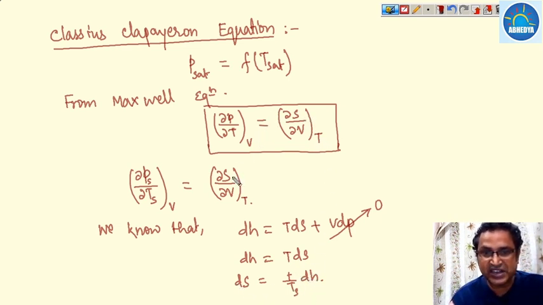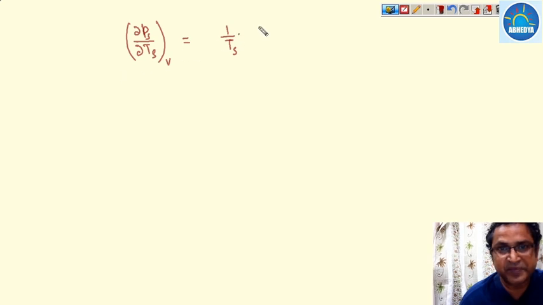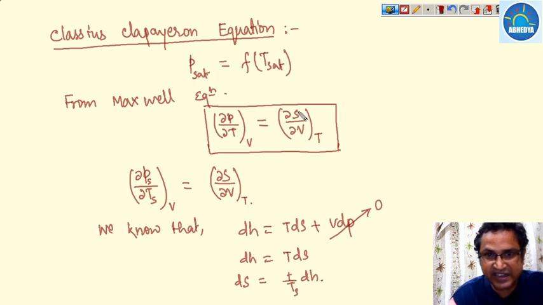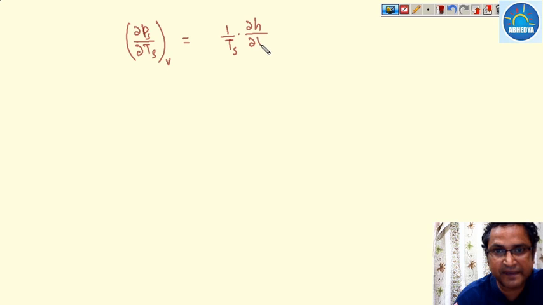Then we can use this relation and write that del Ps over del Ts at constant volume is equal to 1 by Ts, that is saturation temperature, into del S, sorry, that is del S over del V, so this is del H over del V at constant temperature.